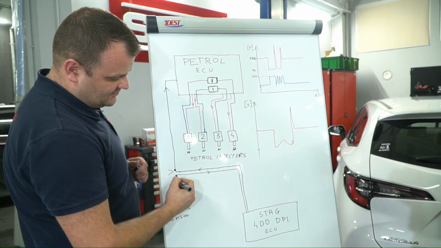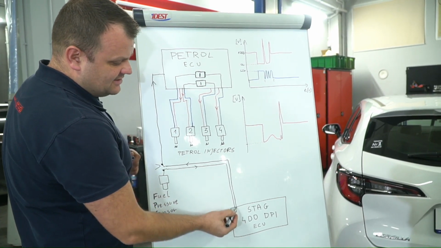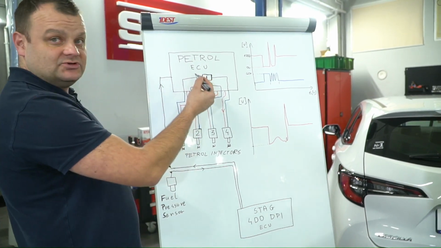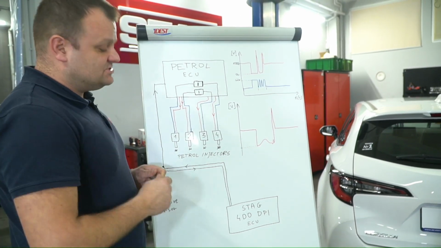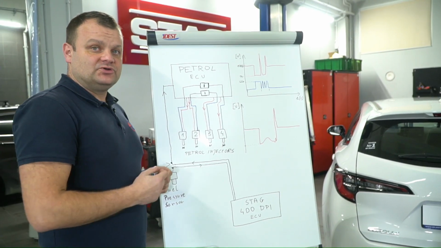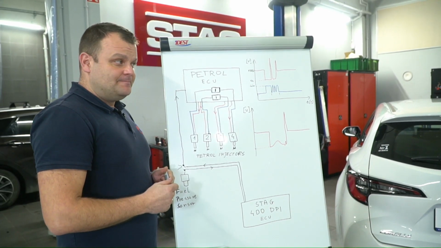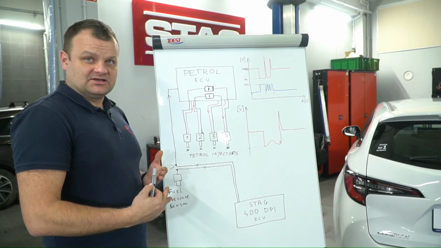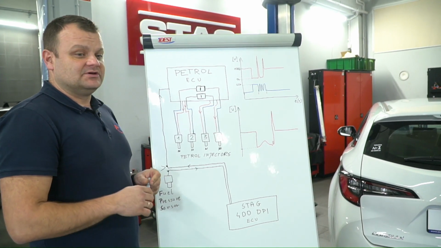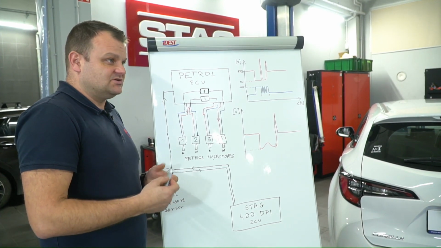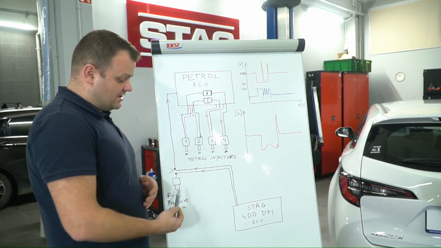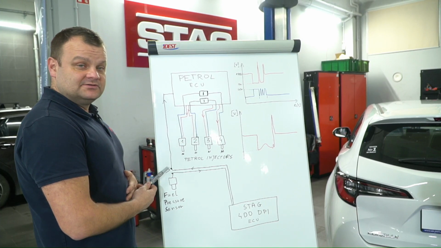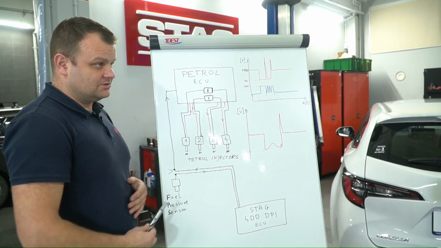One will be the information for the Stag 400, and the output goes to the petrol ECU to emulate the signal. In common engines, it's necessary to reduce the real petrol pressure during driving on gas, to prevent check lights, to prevent jerks, and, of course, to prevent high petrol consumption. That's why we need to emulate the pressure signal in the rail.